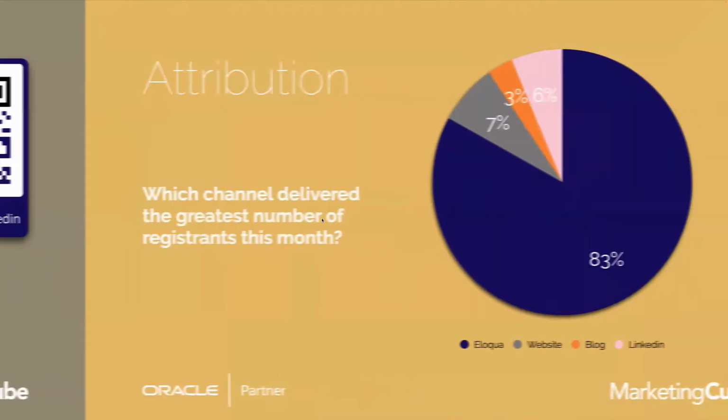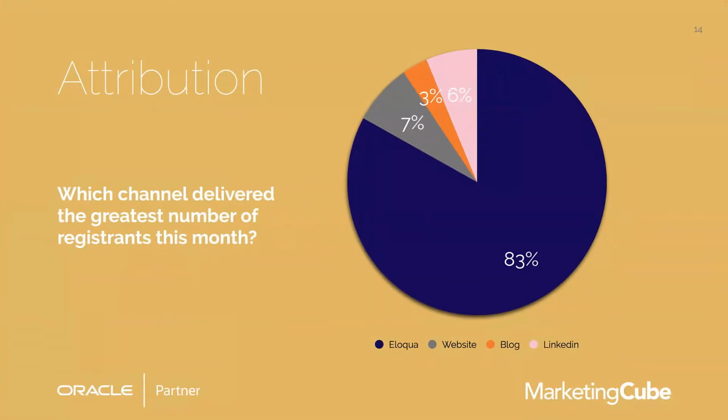The other part that we like to show you is some attribution. So looking at the user group today, which was the most effective channel for us in relation to registrations. So we list the user group on our website under upcoming events. There's usually links in our blog as well in different locations, and also on LinkedIn as well. So Eloqua wins though, Eloqua by way of email.